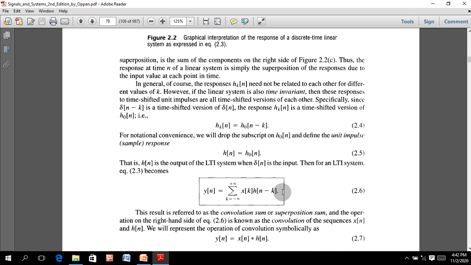So that specific equation where we wrote y of n is equal to the summation of k from minus infinity to plus infinity of x of k into delta of n minus k, it could be written as x of k into h of n minus k, where the summation is k from minus infinity to plus infinity.